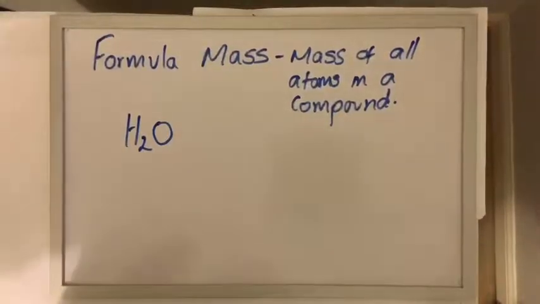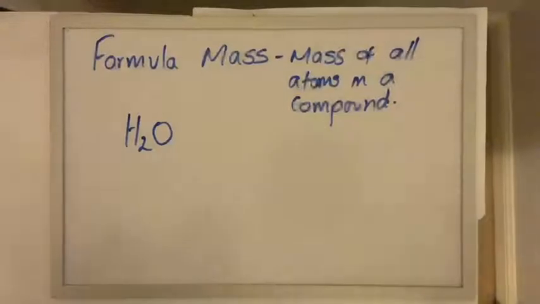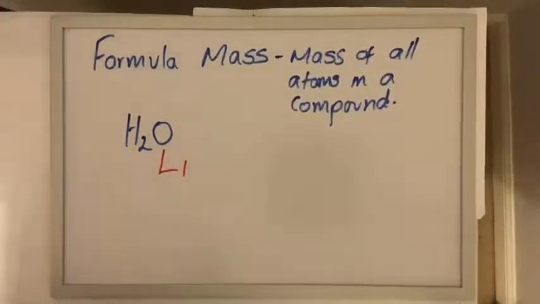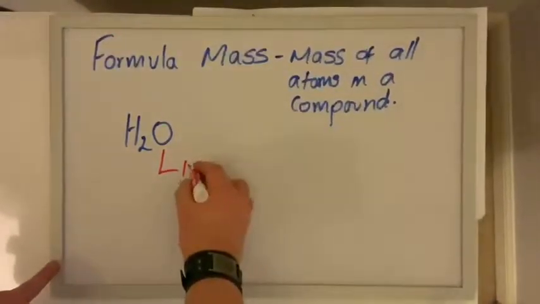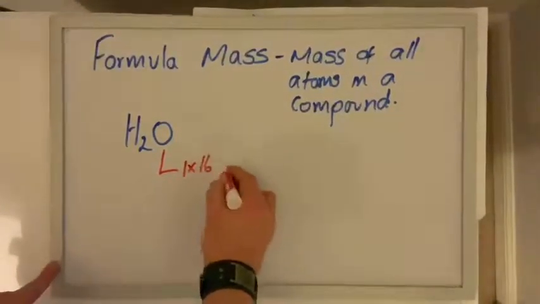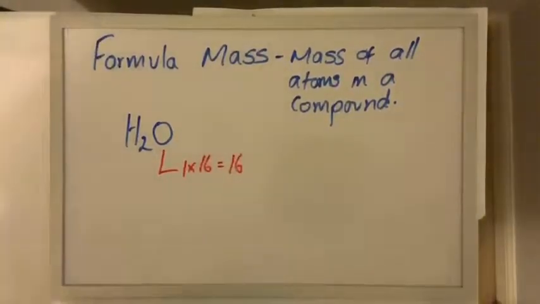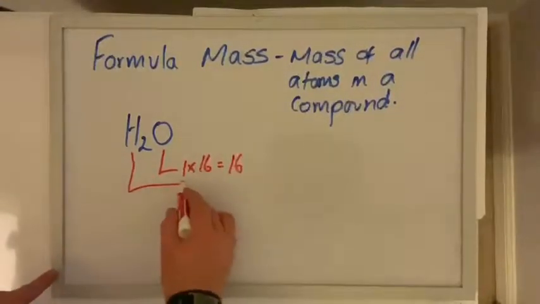We can see there that it contains 1 atom of oxygen, and we know that an atom of oxygen has a mass of 16, therefore 16. We can see that hydrogen, there's 2 atoms there.